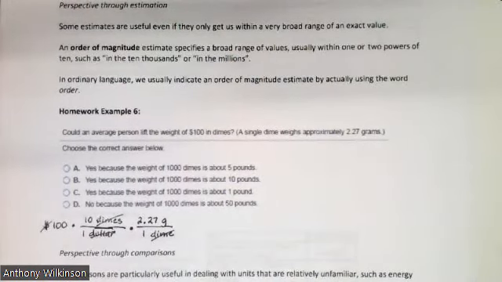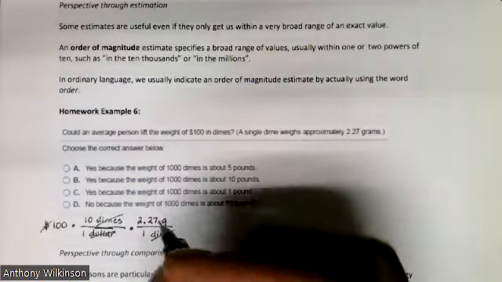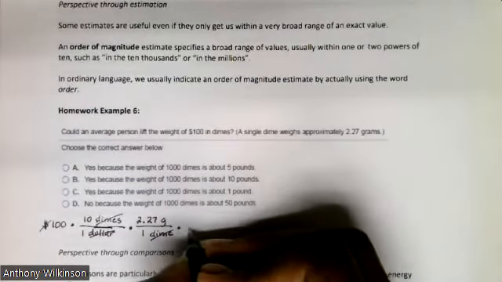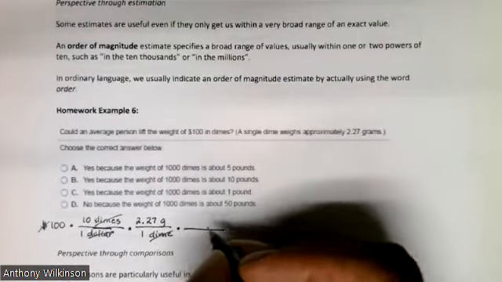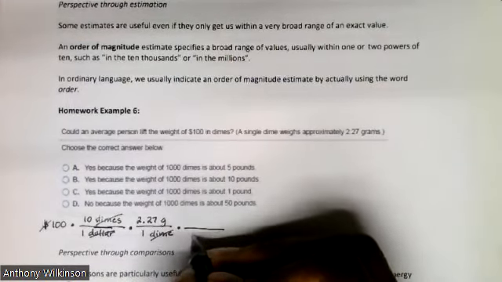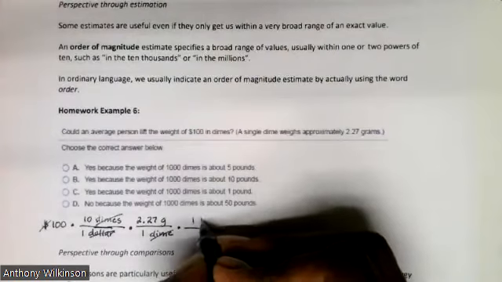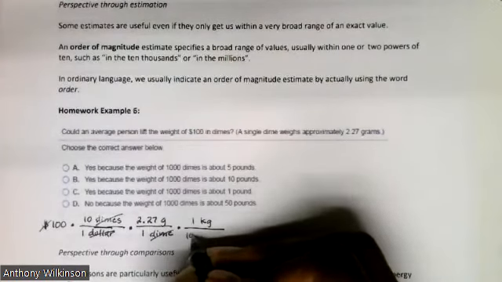Now, I know this. The fact that 1 kilogram is going to be 2.205 pounds. We need to convert from grams to kilograms. So that means in this case here, 1 kilogram is 1,000 grams.